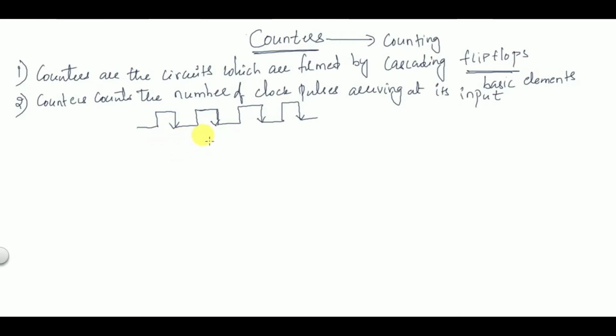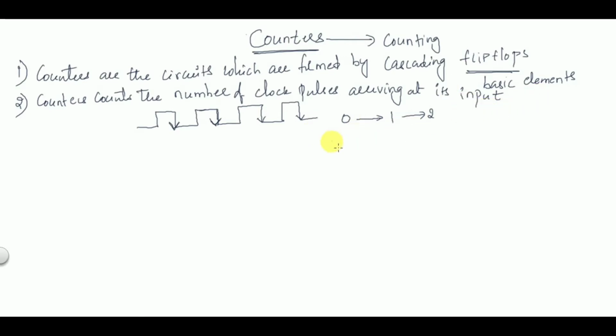There are two types, up counter and down counter. The up counter starts from 0 and increments for every clock pulse. So if a clock pulse arrives, the initial value changes to 1, and for the next clock pulse that value changes to 2. It will count up to the maximum count.